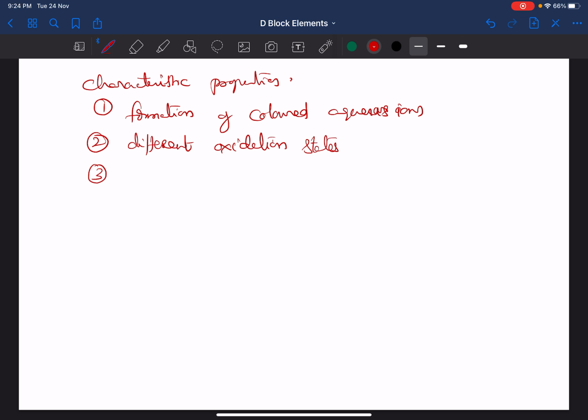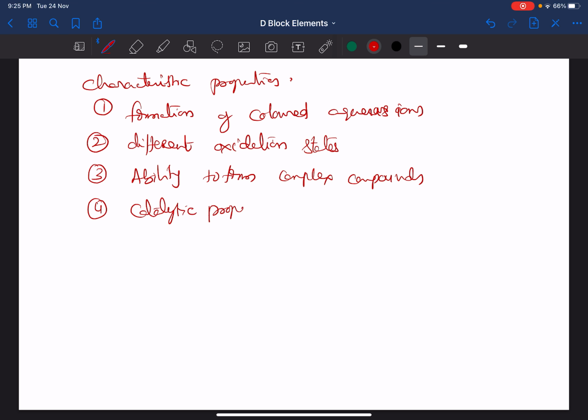The third one is the ability to form complex compounds. And the fourth one is catalytic property. So these are the important characteristic properties of the d block elements.